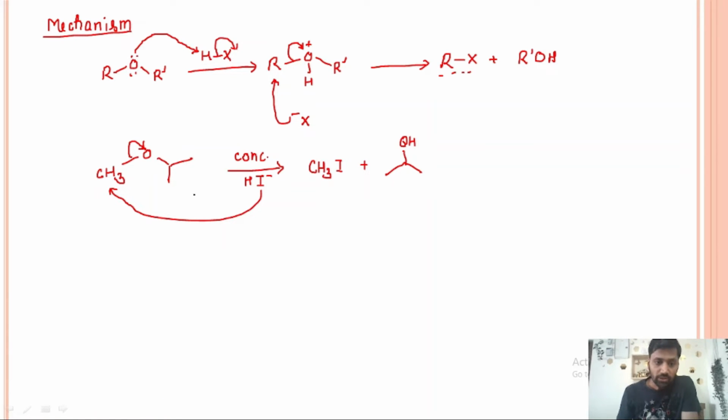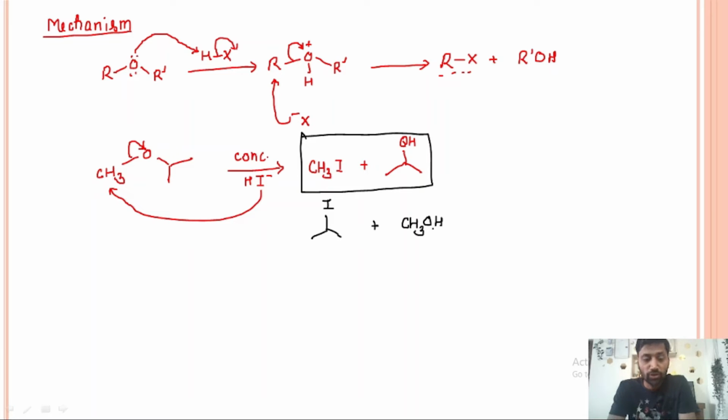If iodide attacks the isopropyl, you will get isopropyl iodide and a leaving group in the form of methyl alcohol. How can we say that the first product will be the major product and the other will not be formed, or will be formed only in minor amount?